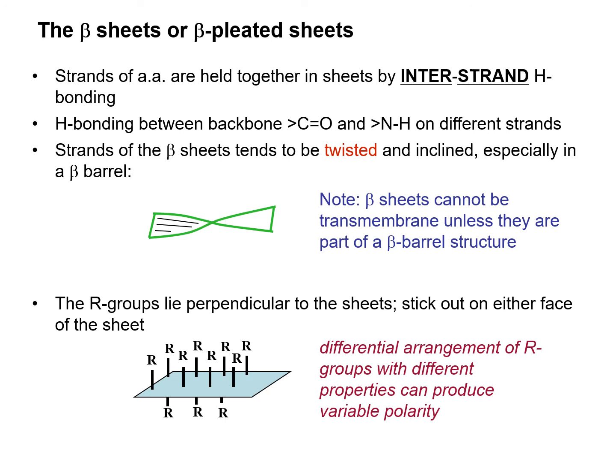The beta sheets cannot be transmembrane or the transmembrane protein itself unless they're part of the beta barrel structure, because of the natural polarity that builds up on the backbone of an amino acid. So it has the polarity that inhibits it from incorporating into the membrane too easily.